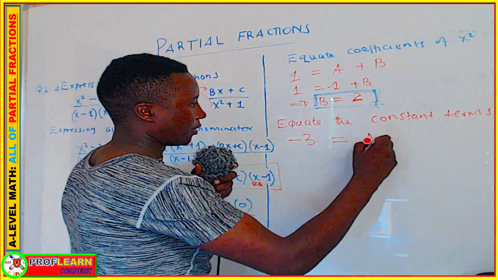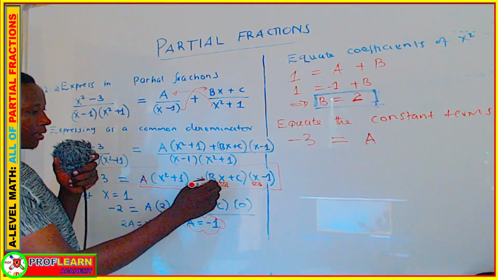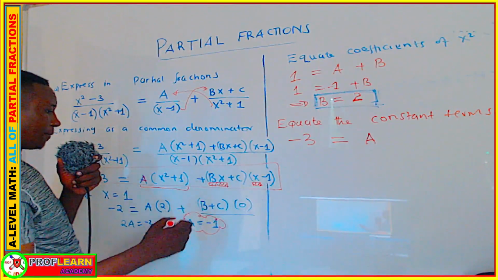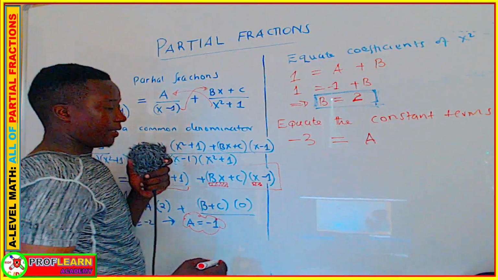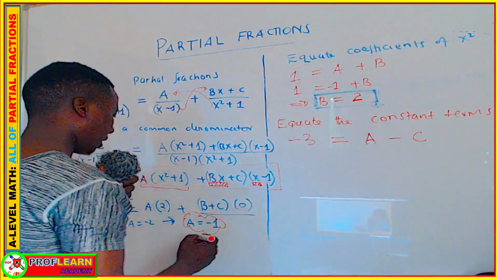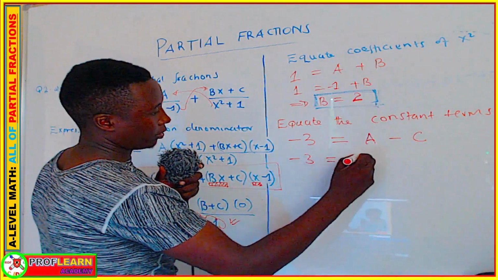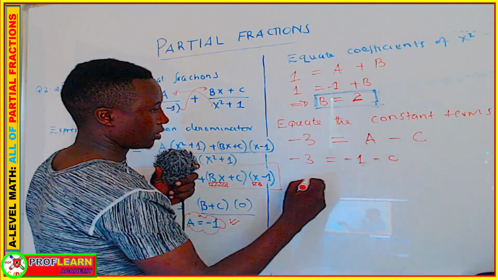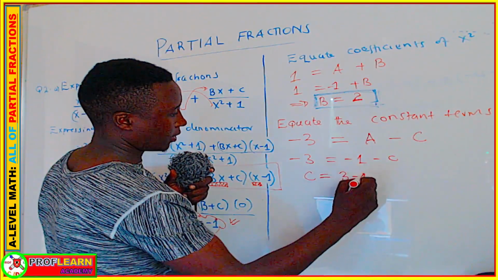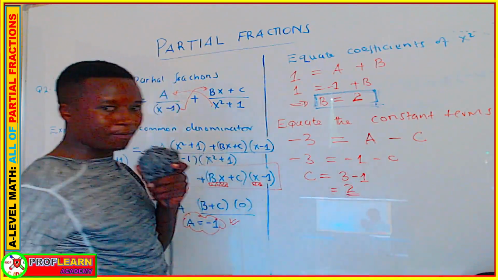We are going to have a, and at this particular point the only other way we can have a constant is when we are multiplying c and -1, and that's going to be -c. But since we know what our value of a is, we can say this is -3 equals -1 minus c. Which implies that our c is going to be equal to 3 minus 1, and our c is going to be 2.